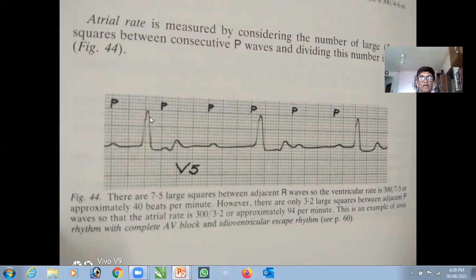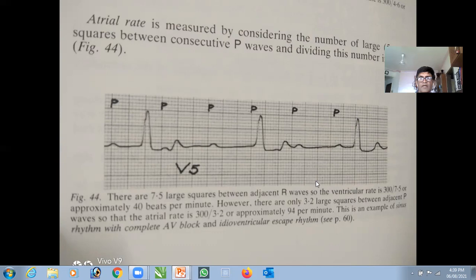Count it: 1, 2, 3, 4, 5, 6, 7.5. This is R and this is R. So the RR interval is correct.